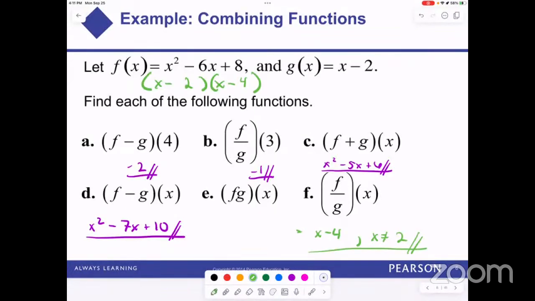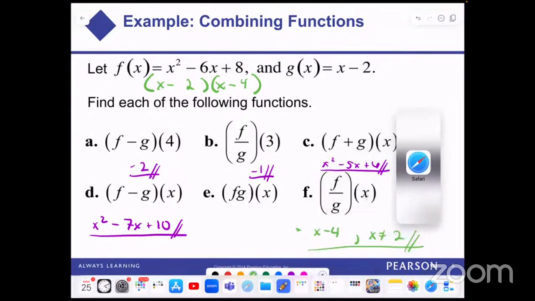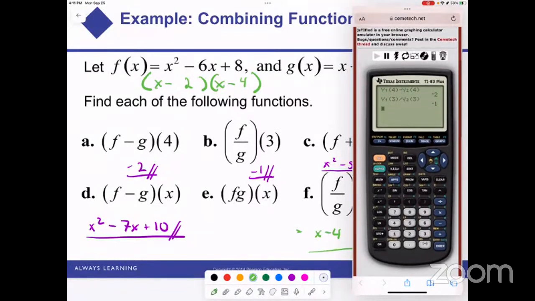With A and B, I just want to showcase those in the calculator. Okay. So if I go to my y equals, this is a TI-83 plus. My f is going to be x squared minus 6x plus 8.